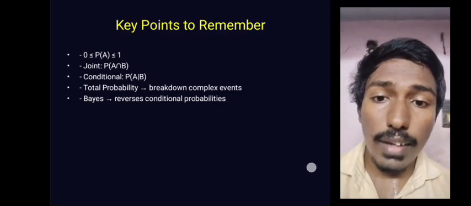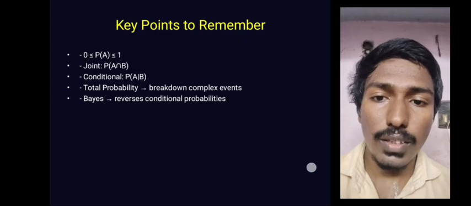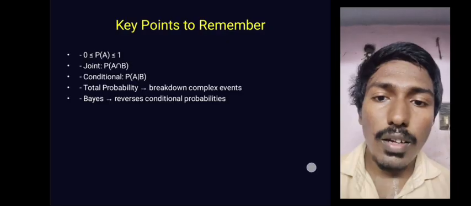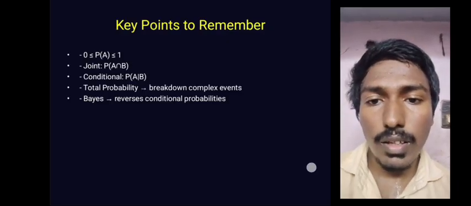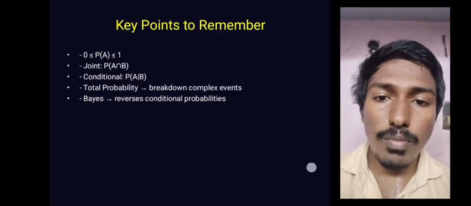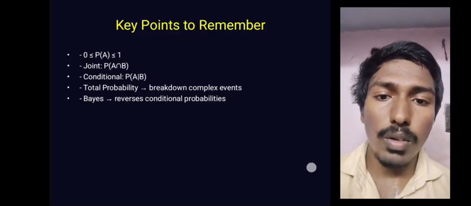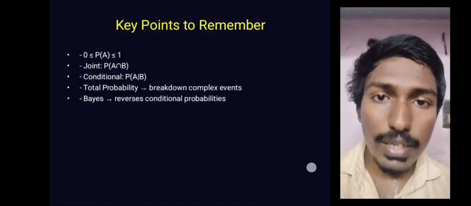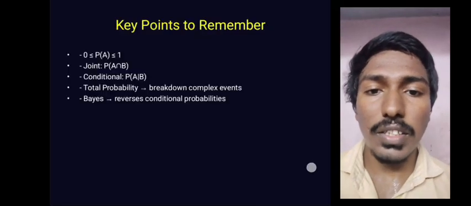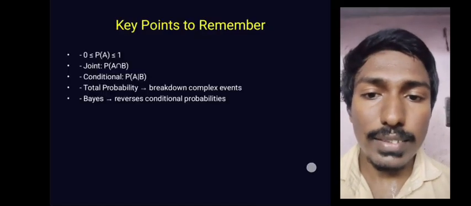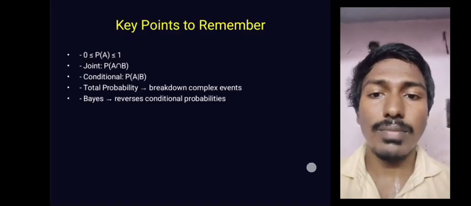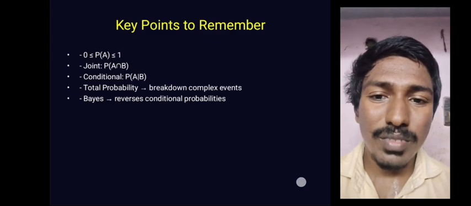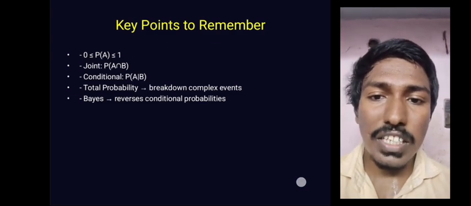Probability lies between 0 and 1. Joint probability is P of A intersection B, and conditional probability is P of A given B. Total probability breaks complex events into parts. Bayes' theorem is the reverse of conditional probability.